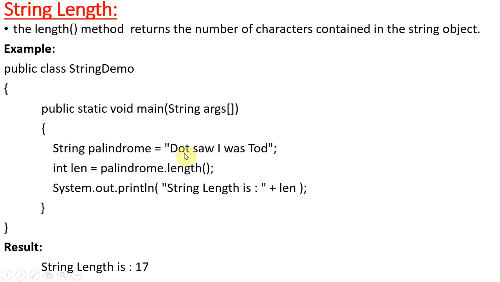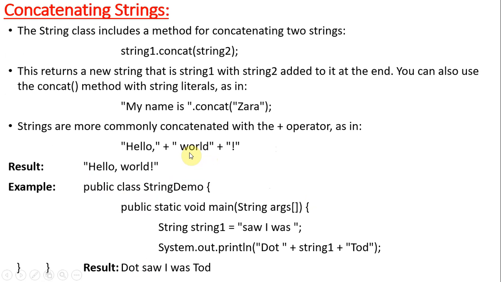For a string, white spaces are also countable. With string dot length, which is numeric, the result will be stored in the int length. So we are trying to print the len value. So it counts the white spaces also.